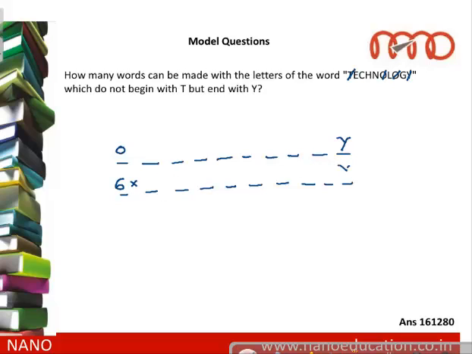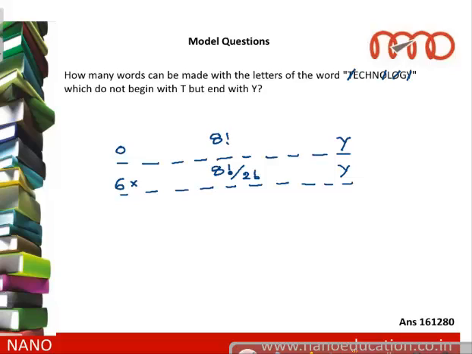And we are putting Y in the last place. The remaining 8 places can be filled in 8 factorial by 2 factorial ways, where 2 factorial is because 2 O's are identical. And when you put O in the first place, you have 8 letters to permute in the 8 places.